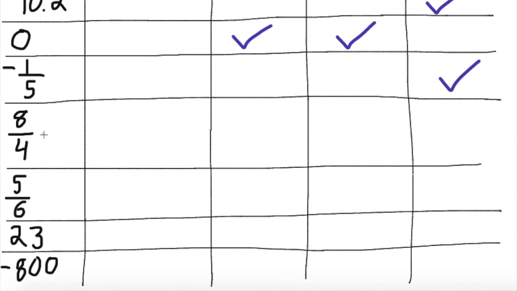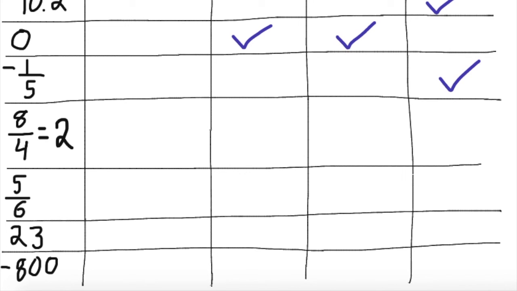Now let's think about the next one. Let's think about 8 over 4. 8 over 4, or another way to read it, is 8 divided by 4, and that is equal to 2. 2 is a natural, whole, and integer. One thing to keep in mind is just because you see a fraction does not automatically mean that it is not a natural, whole, or integer.